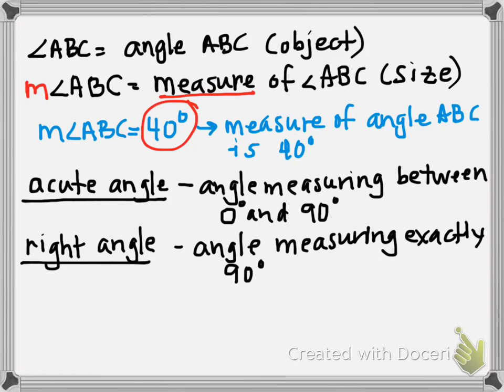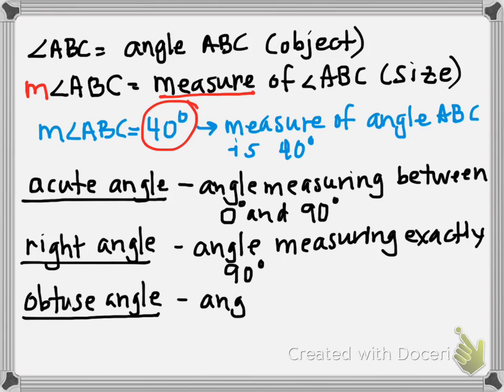Okay, the next angle would be an obtuse angle. Oops, let's get that right. So obtuse means something kind of big and lopey, and so he's a big guy.